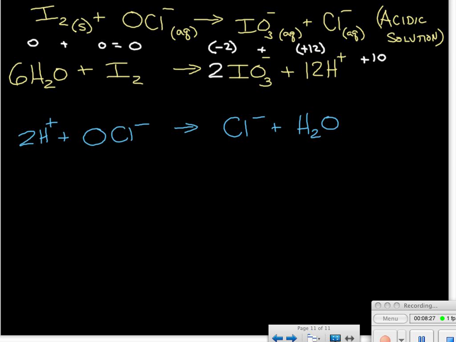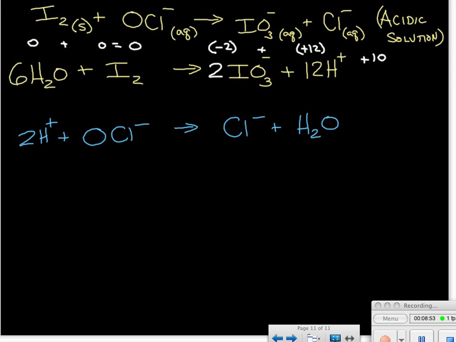On the left-hand side, we have 0 charge. On the right-hand side right now, we've got 10 positive charges, and we're trying to get this to balance. So there's a difference of 10 here. And so we have to add in 10 electrons, and this is where it gets tricky. Which side do you add them to? Please note that electrons are negatively charged. If we add 10 electrons to the left-hand side, that's going to have a total charge of negative 10.